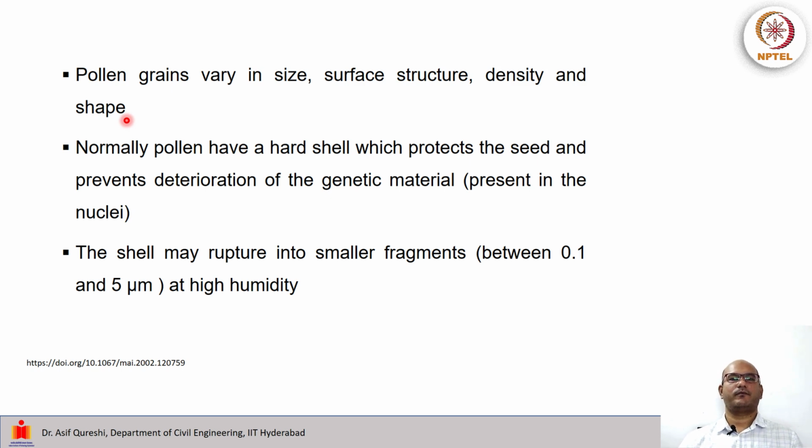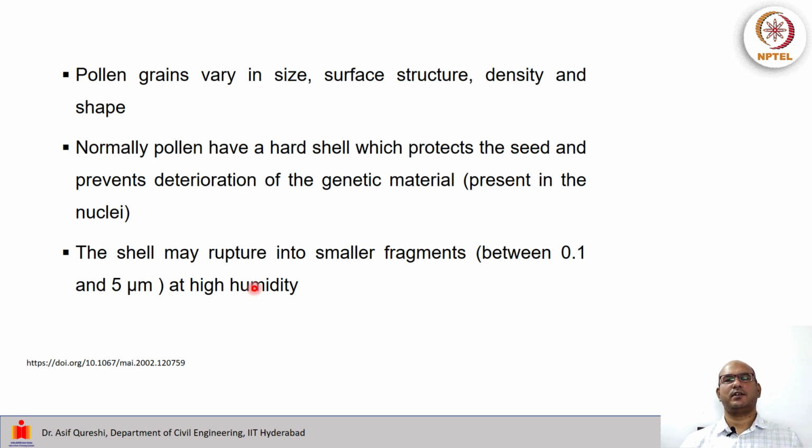Normally speaking, pollens have a hard shell which protects the seed and also prevents the deterioration of the genetic material which is present in the nuclei. So this hard shell protects the actual genetic material of the pollen.